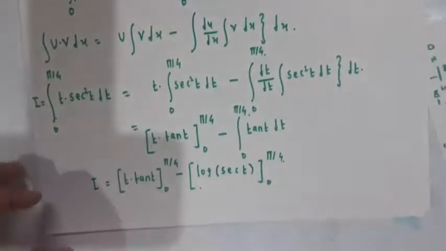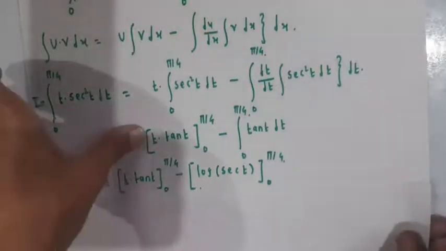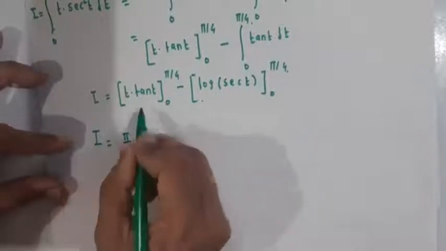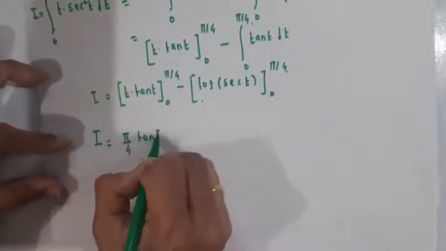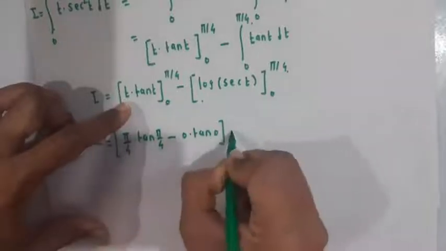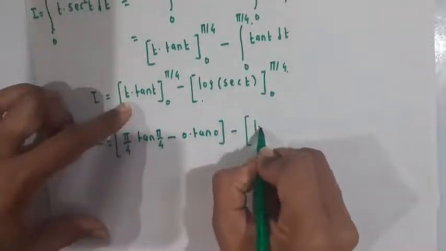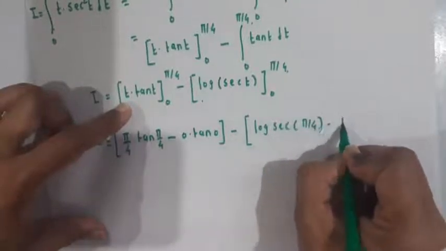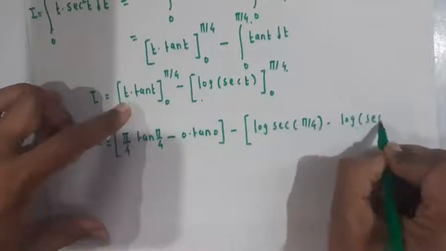Okay, now let us put the limits of integration. I equals pi by 4 upper limit into tan of pi by 4, minus lower limit 0 into tan of 0, minus log of sec of pi by 4 minus log of sec of 0, upper limit minus lower limit.